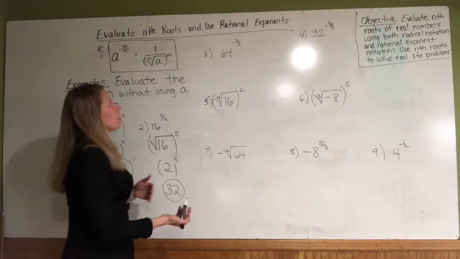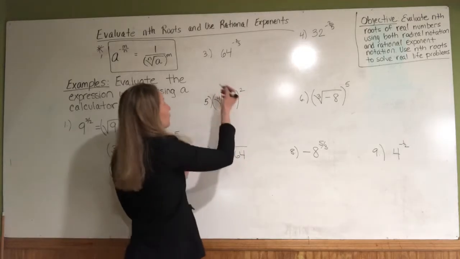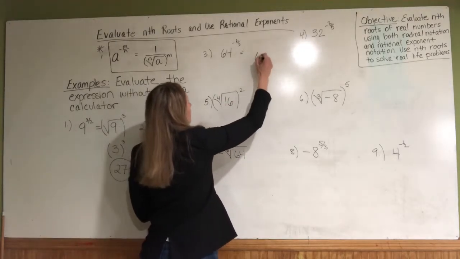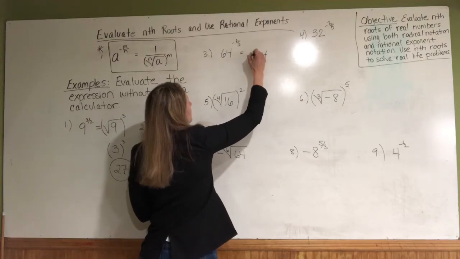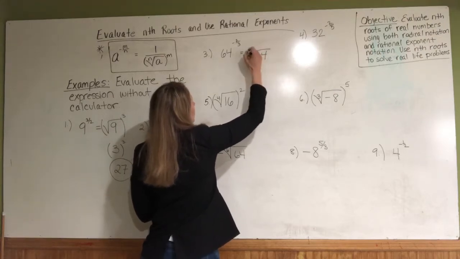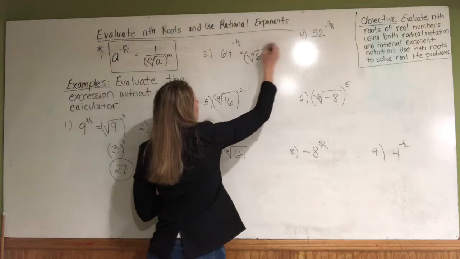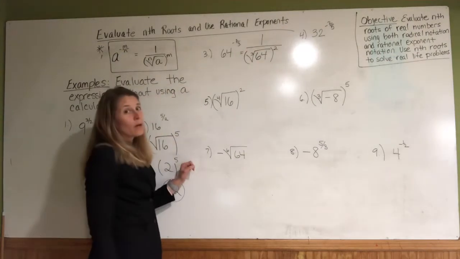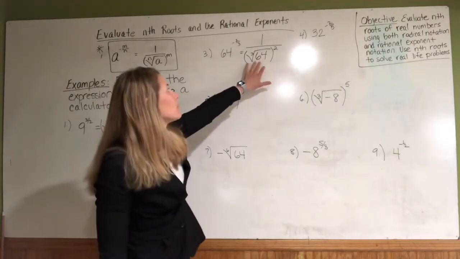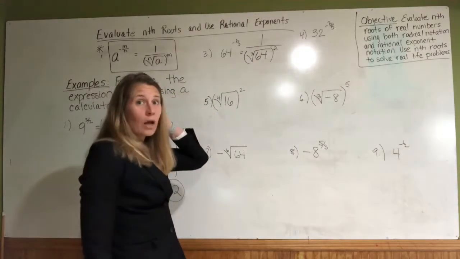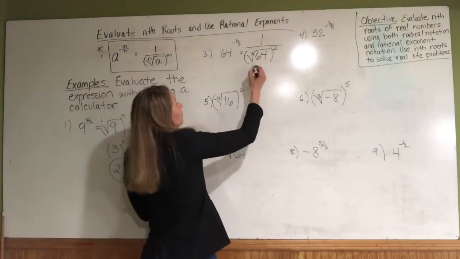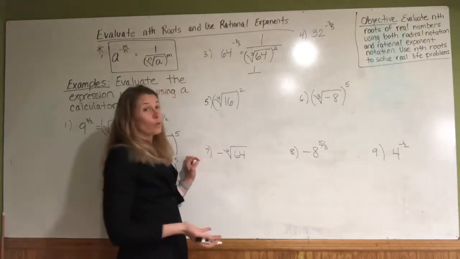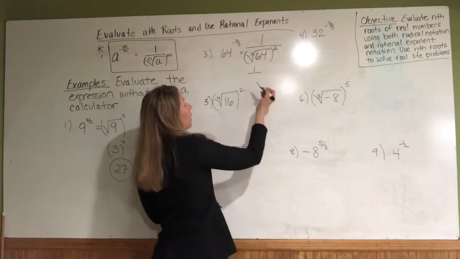So now for number 3, I'm going to put this in my radical notation. So the cube root of 64 raised to 2, but because it was a negative exponent, this entire thing is going under the 1. Okay, so then I can still solve this part separately, just work through that denominator. So the cube root of 64, in this case it would only be one answer because it's an odd root.